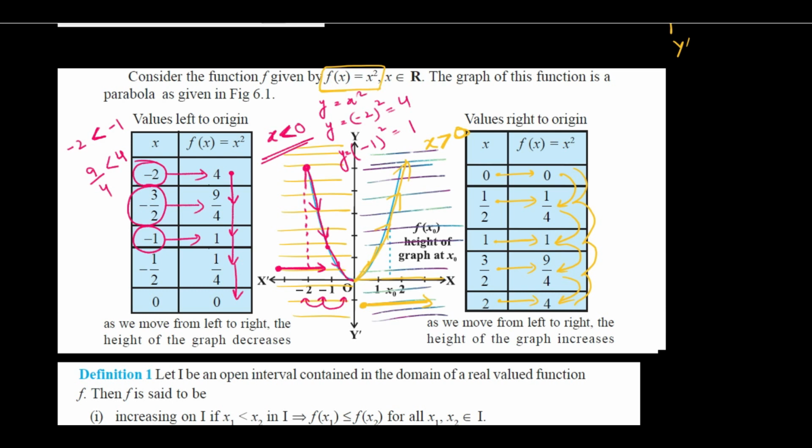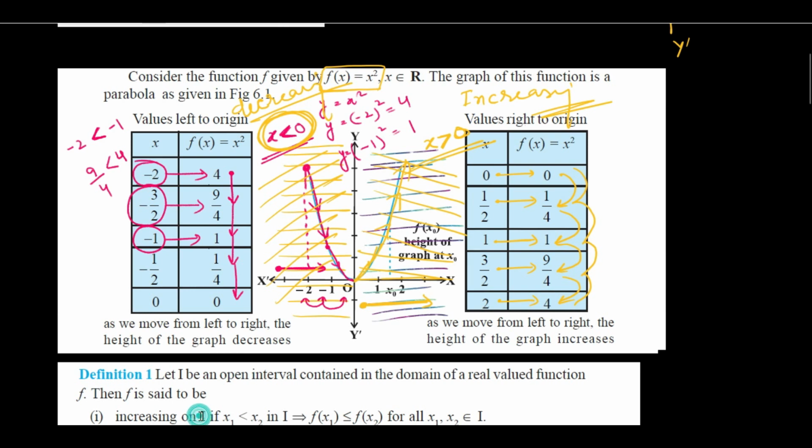Means in the same graph, half part is decreasing and half part is increasing. For x less than 0, the function is decreasing, and for x greater than 0, the function is increasing. Okay, clear?